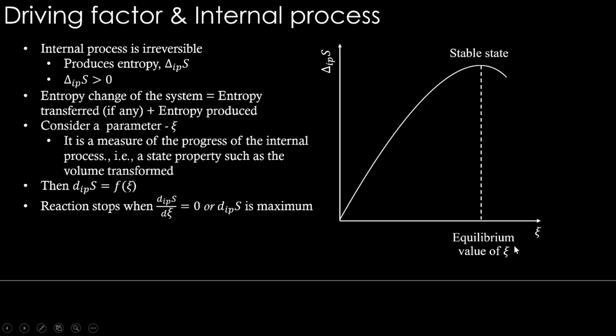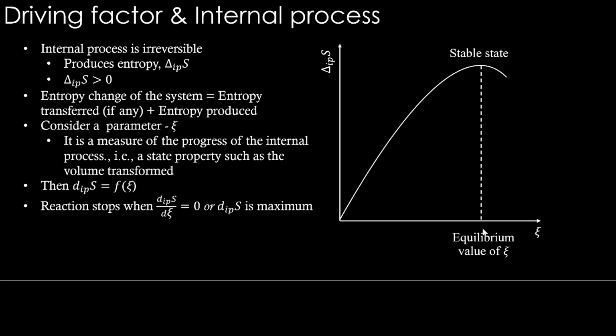That is this state, the equilibrium value of psi, meaning whatever is the equilibrium volume of the product to be achieved. If that is achieved, then it reaches the stable state. If any more volume of the product is formed, that is not stable. So the stable state is somewhere here. That is where the entropy produced will be maximum.